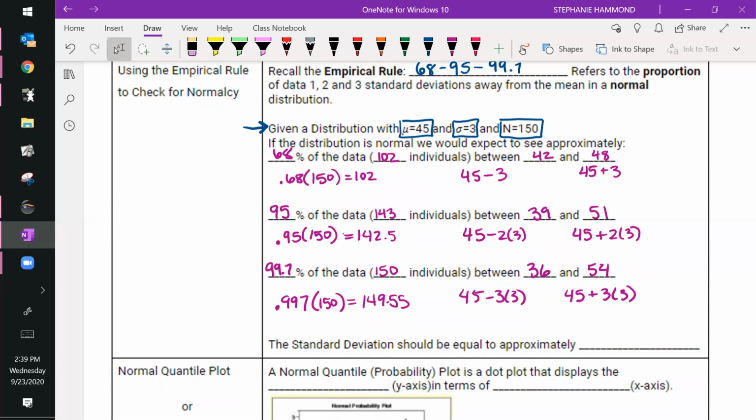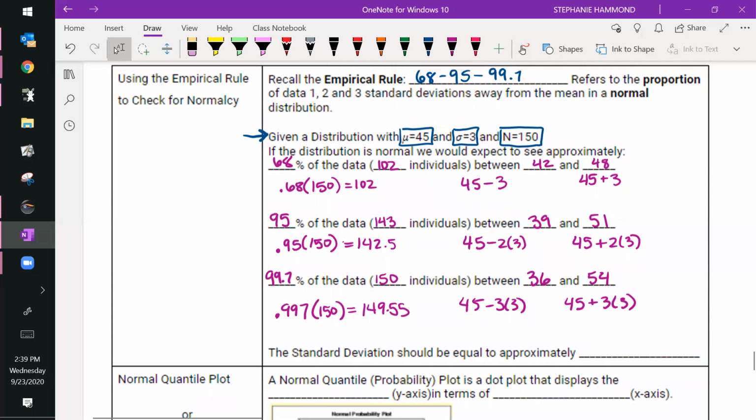The last thing that we need to know is the standard deviation, given the empirical rule, which says that 99.7% of the data is within 1, 2, 3 standard deviations in this direction, and 1, 2, 3 standard deviations in that direction.